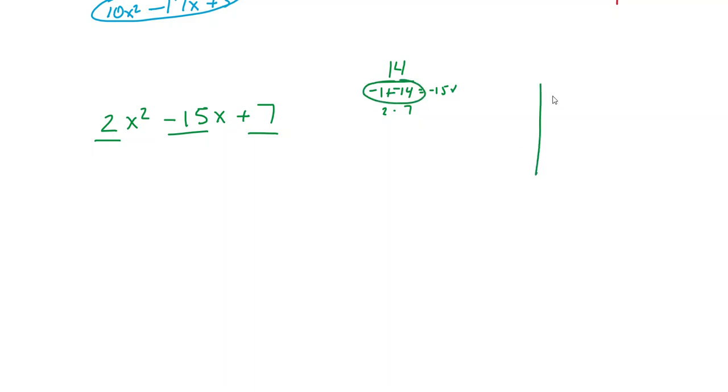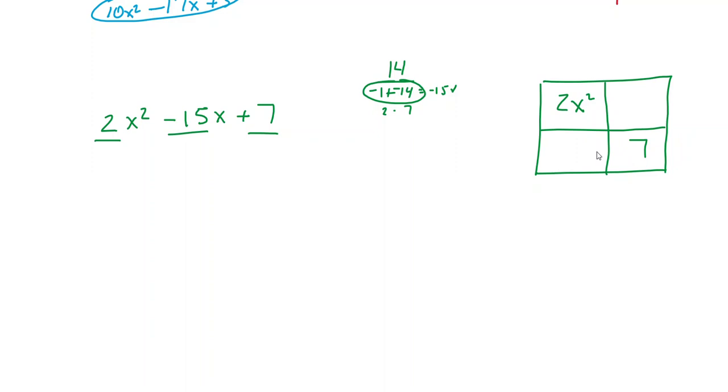So let's draw our 4 squares. Once again, notice we have that same situation where our two factors of positive 14 are both negative. So we're going to do 2x squared, 7, but then we're going to write negative 1x and negative 14x.